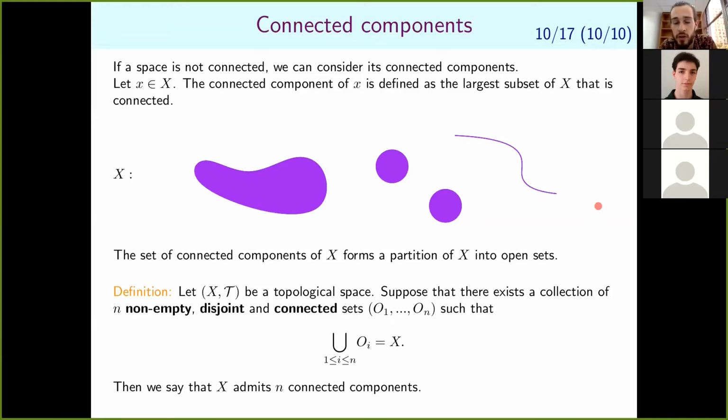This is a lemma, a statement. And moreover, if you have a finite number of connected components, you can also show that they are closed. So for instance, here in this space X, we have 4 connected components, and they are all open and closed, according to the subspace topology we put on this. Is it clear?